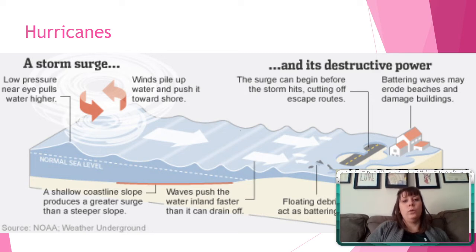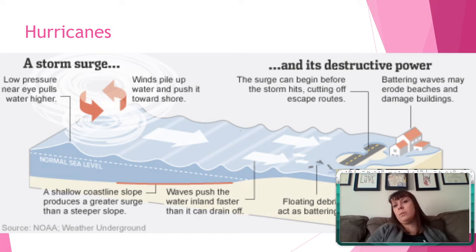With hurricanes, one of the more dangerous things that happens is what's known as a storm surge. Essentially, when the hurricane's over the ocean, the wind piles up the water and then pushes it towards shore. So it's kind of like a tsunami that's created by a hurricane rather than by an earthquake.